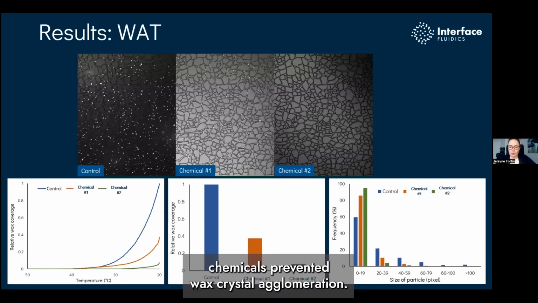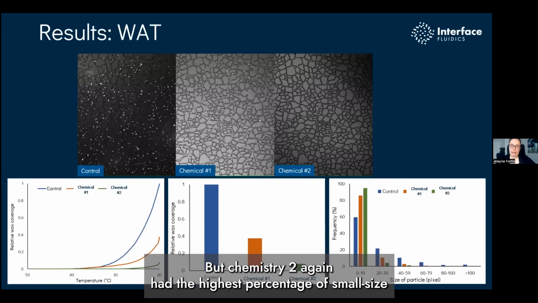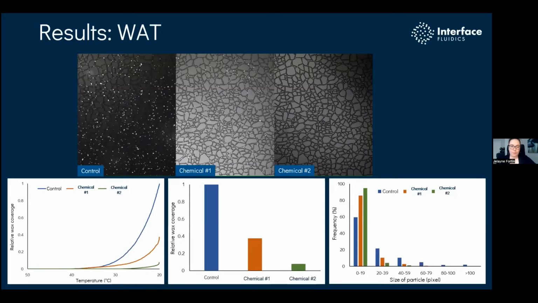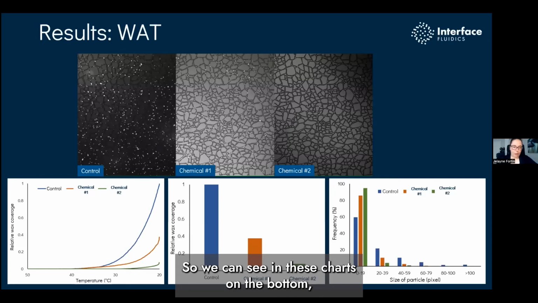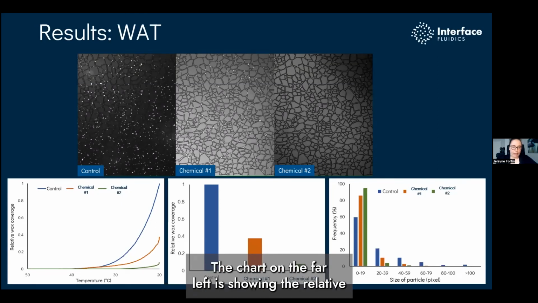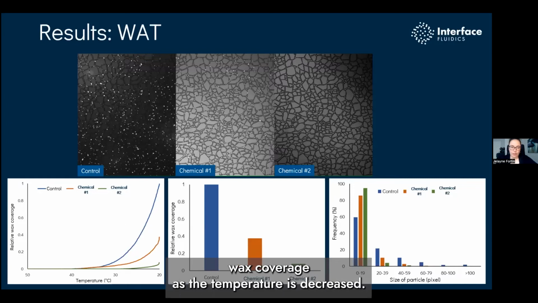Both of the chemicals prevented wax crystal agglomeration, but chemistry 2, again, had the highest percentage of small size particles, which demonstrated its effect of dispersing the small wax crystals. In these charts on the bottom, they're showing a number of different things. The chart on the far left is showing the relative wax coverage as the temperature is decreased.